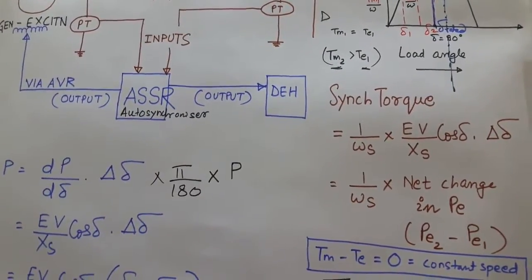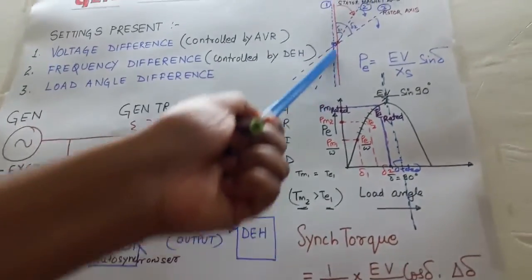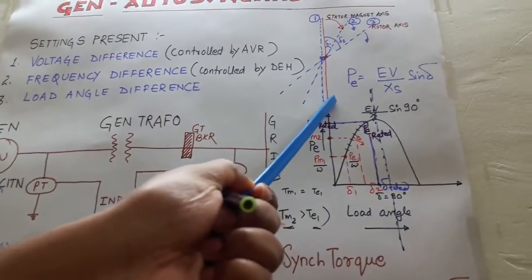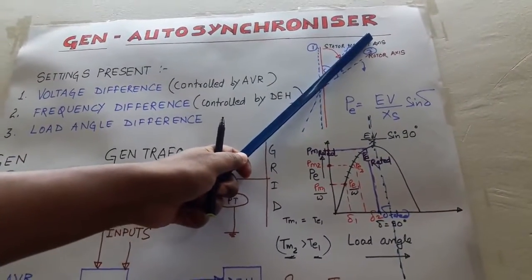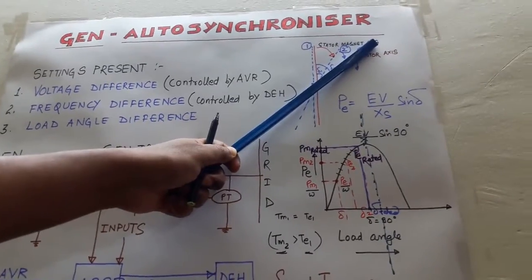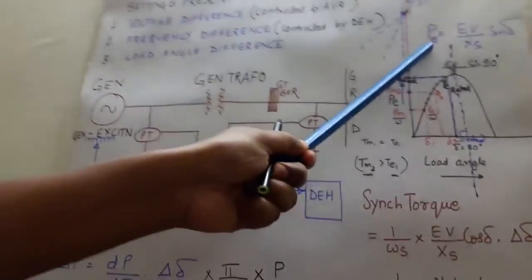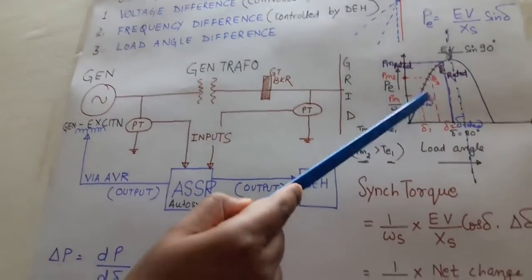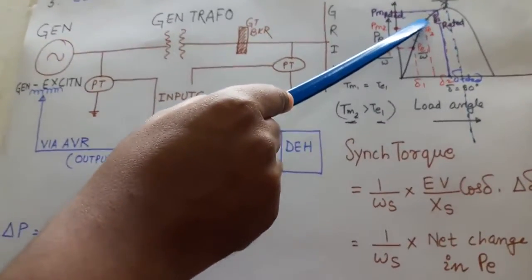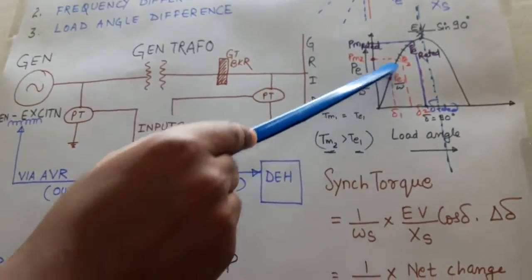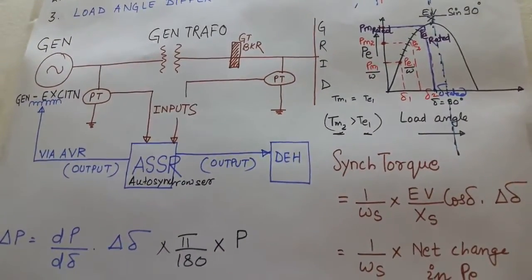So the rotor will accelerate, and as we know from this figure, the speed of the stator magnetic field is constant and now the rotor is accelerating. So the angular displacement will increase, and when the angular displacement increases, the electrical power will increase. Now the electrical power will go from PE1 to PE2. This change in electrical power is known as synchronizing power.